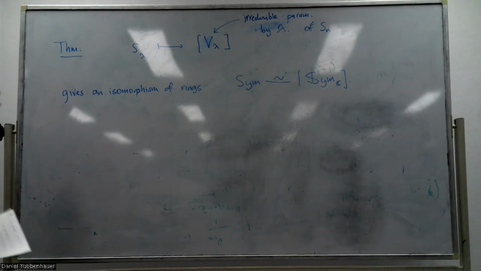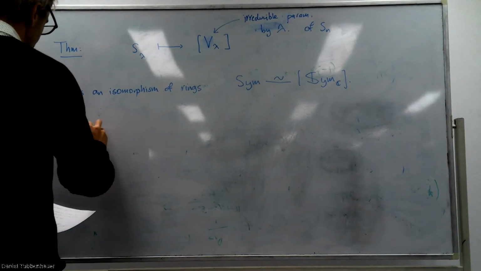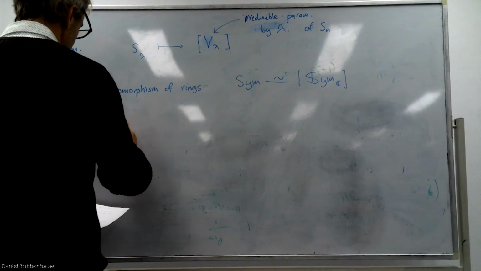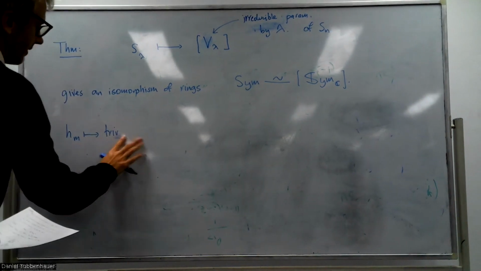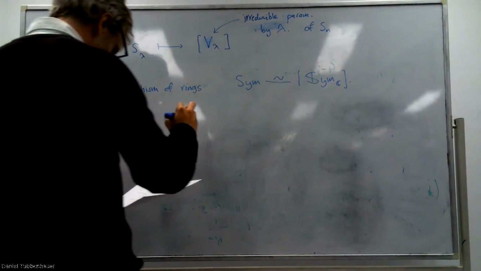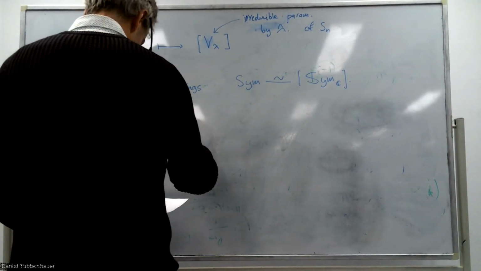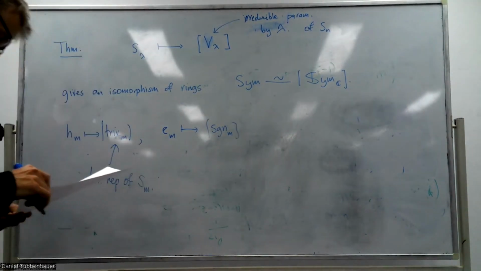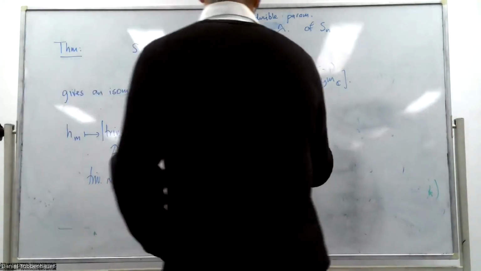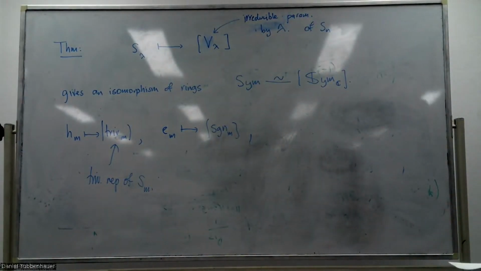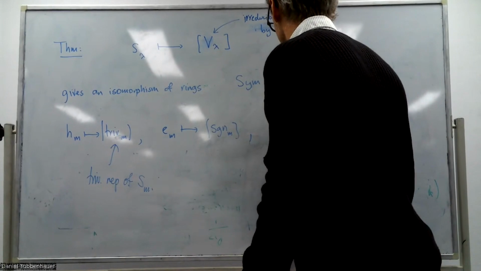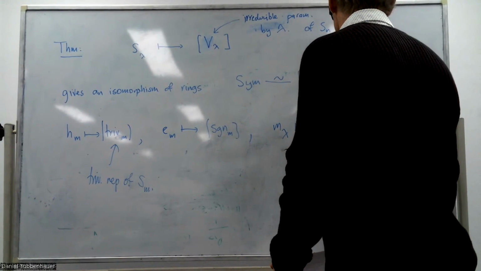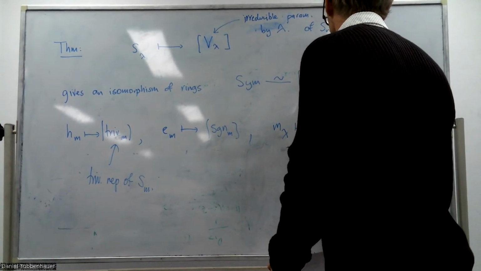And so, for example, HM goes to triv M, the trivial representation of the M symmetric group. EM goes to the sign representation of the M symmetric group. Yeah, I didn't say monomial symmetric function, but if you like these things, the monomial symmetric function goes to induction from Young subgroups. You can ignore this if it doesn't make any sense.